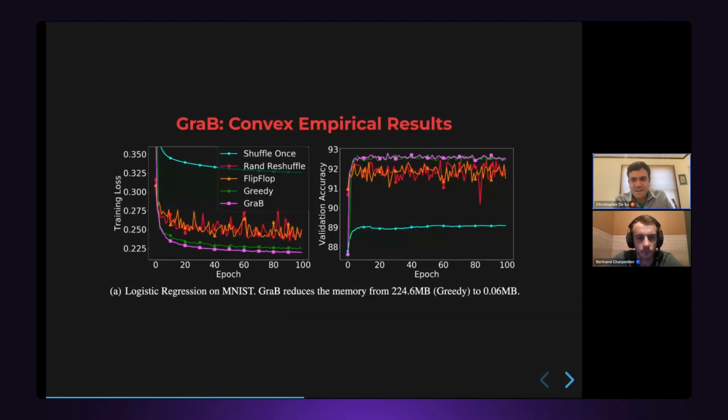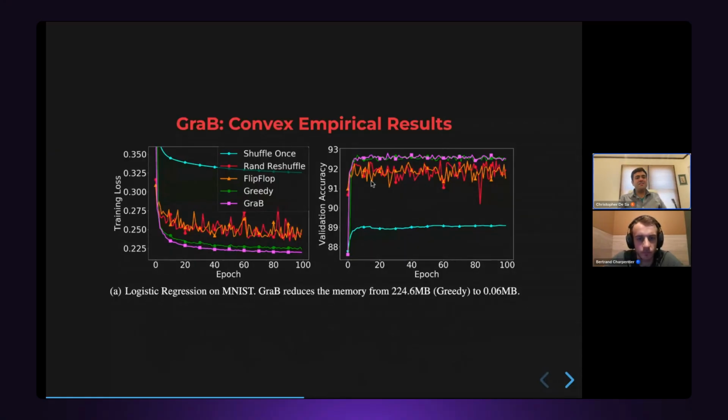So here's some results on convex optimization. This is just logistic regression on MNIST. You can see that GraB, the pink line, is better at training loss and is also better in terms of validation accuracy than the baselines, including random reshuffling. Greedy here is just a line for a very expensive algorithm that solves the herding problem via another more classical approach.